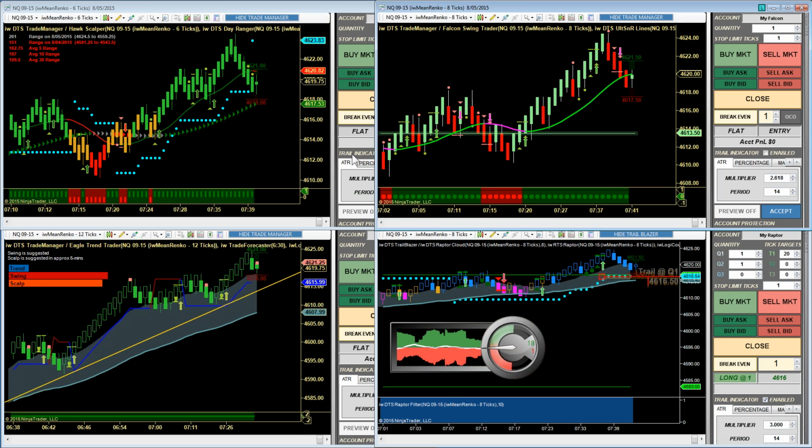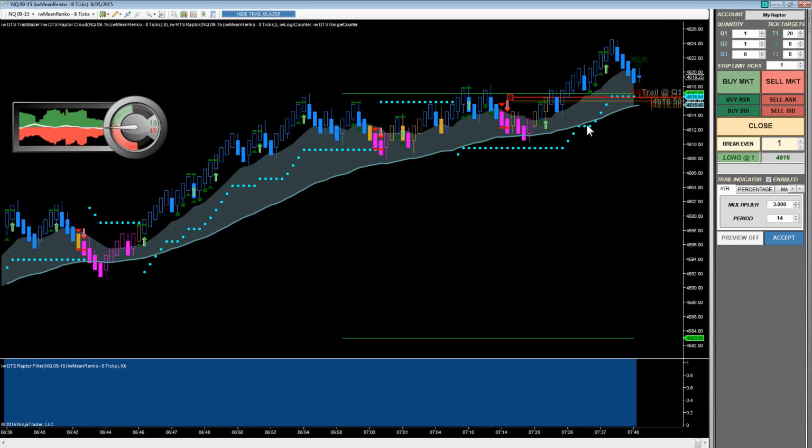Unfortunately, the market's been a little bit on the quiet side at the moment, so I haven't been able to show you all that much, but you can see here the trade manager. Looks like we hit our break-even trigger, so it's since rolled the trade up to break even.